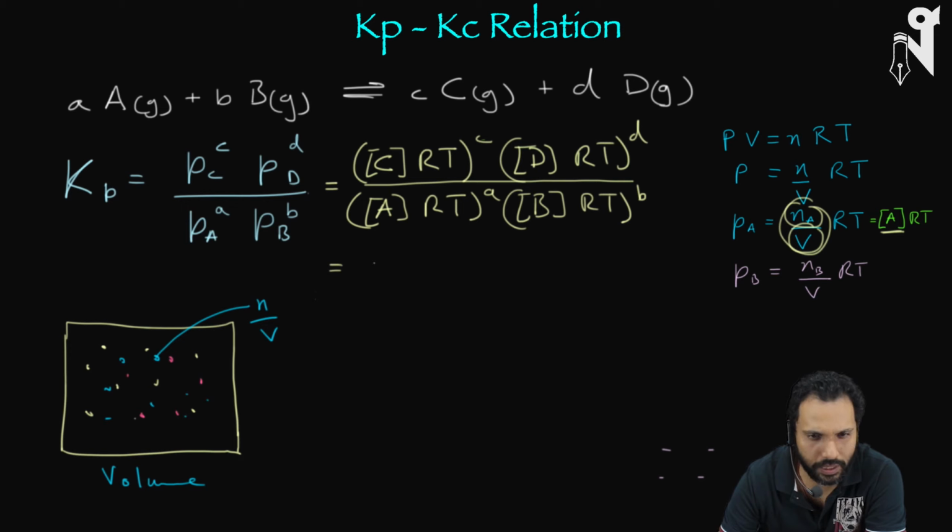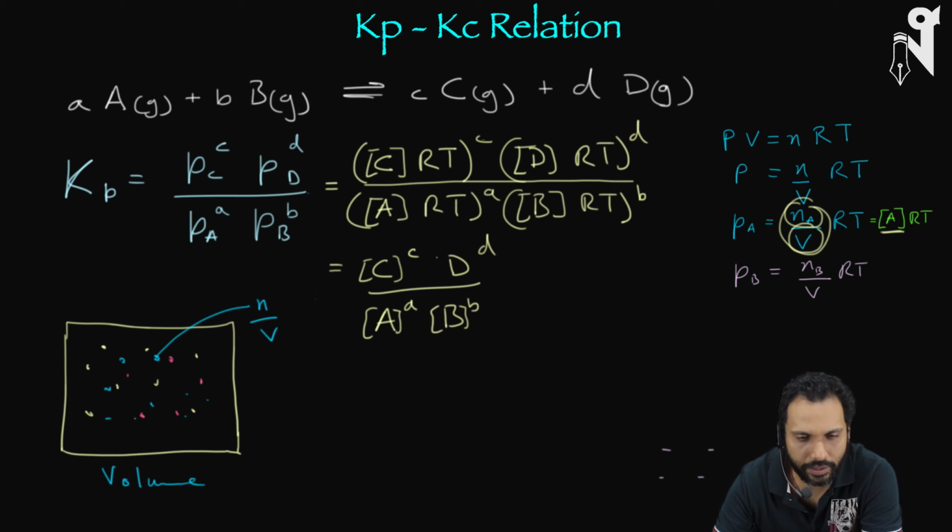You have your C power c, your D power d, your A power a, and your B power b, which is coming out. These are all concentrations. Quite bugging to make all those square brackets and whole bunch of RTs. So if I take all the RTs together, it is RT power c plus d in the numerator minus a plus b in the denominator.